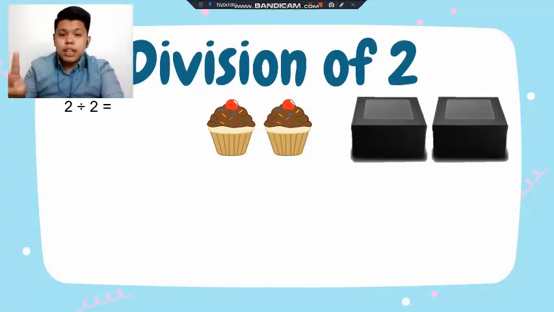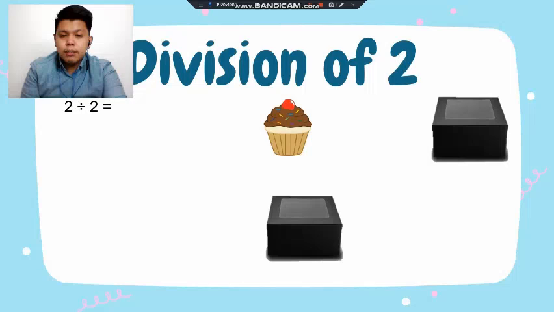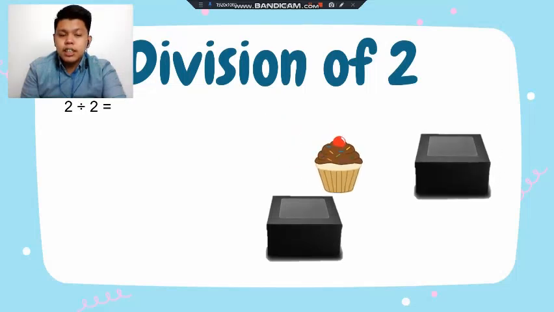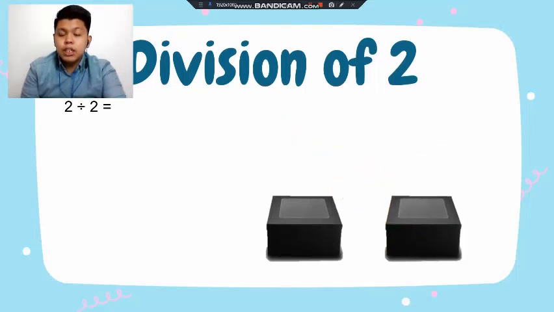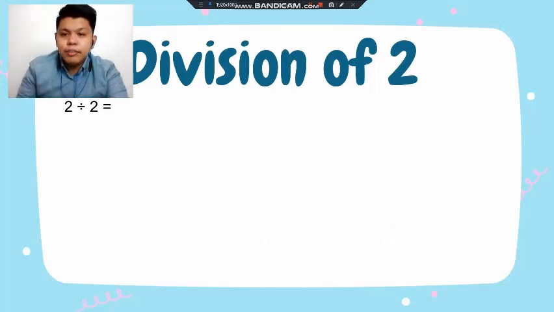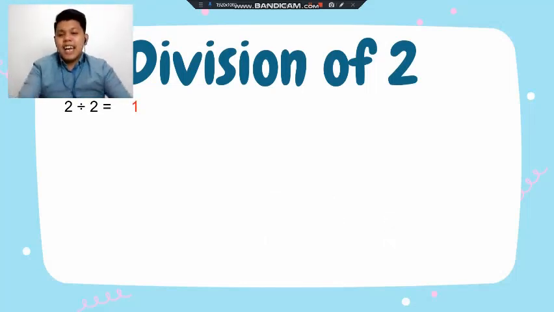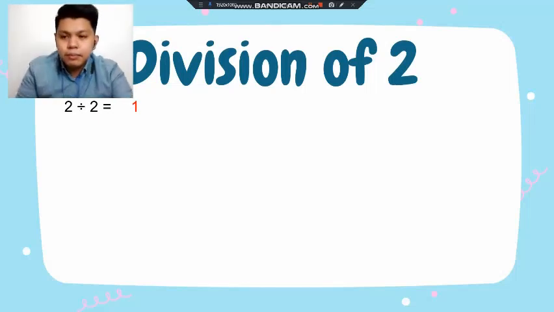So 2 cupcakes divided by 2 boxes. Now the question is how many cupcakes per each box. So let's place 1 cupcake in 1 box. How many cupcakes in 1 box? We have 1. So the answer in 2 divided by 2 is 1.